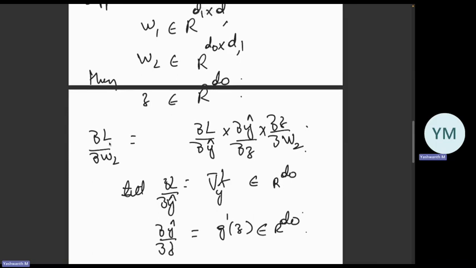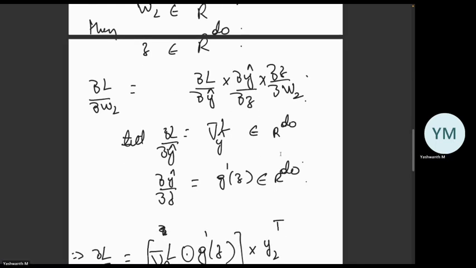As we have discussed, dou L by dou W2 is the gradient of loss with respect to Y hat, then how Y hat is obtained from Z using G, the gradient of Y hat with respect to Z, and finally the gradient of Z with respect to W2. By doing these three steps in one go, we obtain the gradient of L with respect to W2.